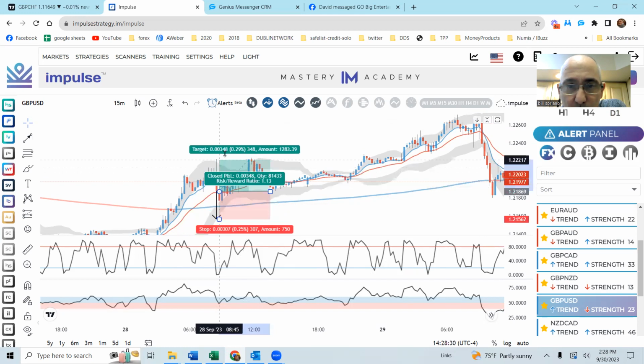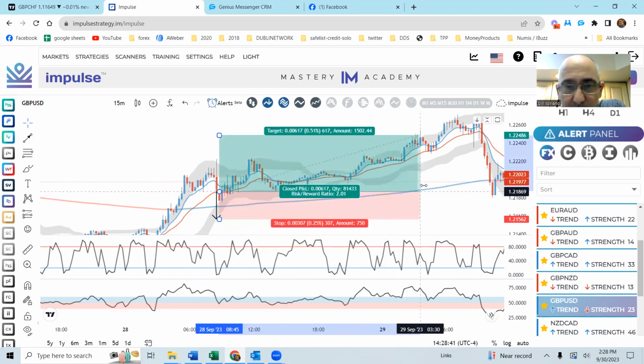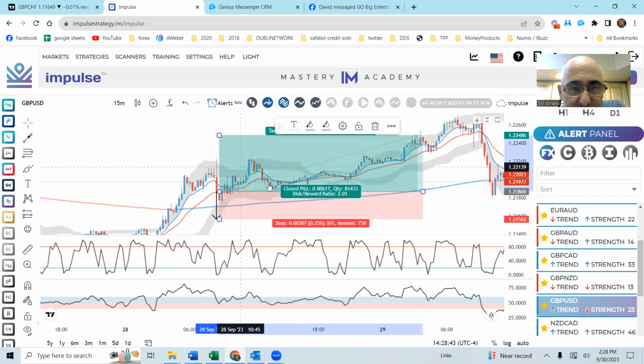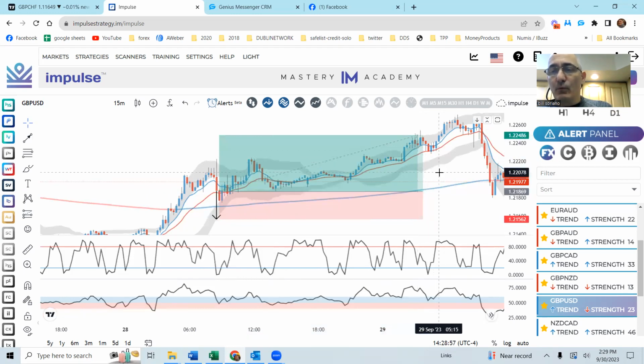So in order to get our 1 to 2 risk to reward ratio trade, where we risk 1% to get 2%, we have to get about 60 pips to the upside here. And we can see that if we get in this trade at the open of this candle at 8:45 a.m. on Thursday morning, we will get out of this trade at about 3:15 a.m. the next day with our 2% profit.